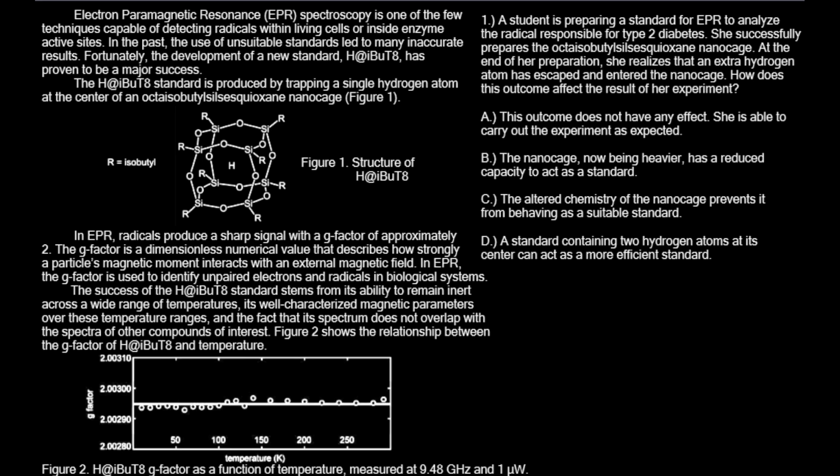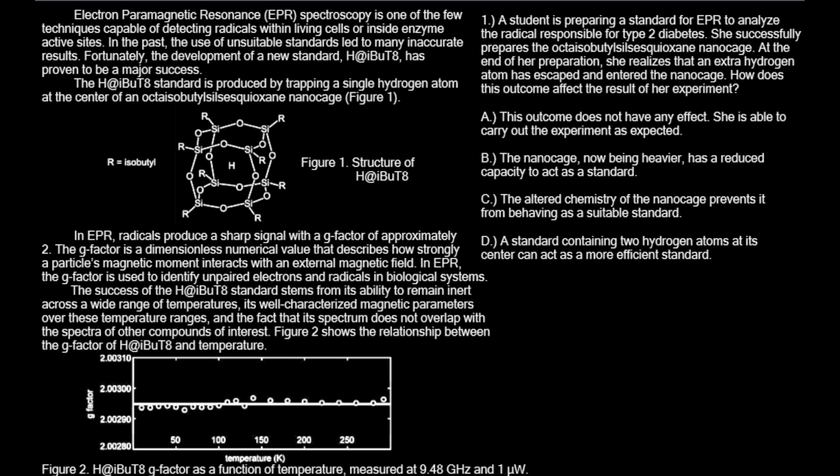Electron paramagnetic resonance, EPR, spectroscopy is one of the few techniques capable of detecting radicals within living cells or inside enzyme active sites. In the past, the use of unsuitable standards led to many inaccurate results.